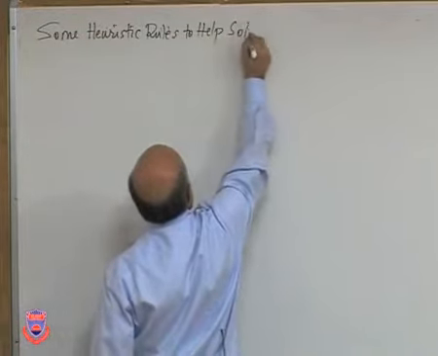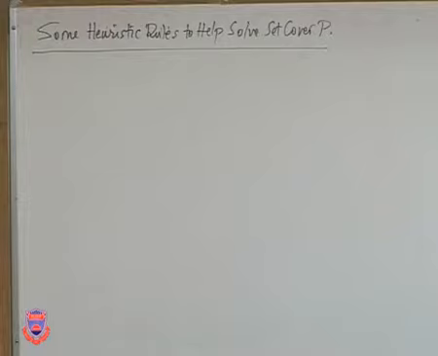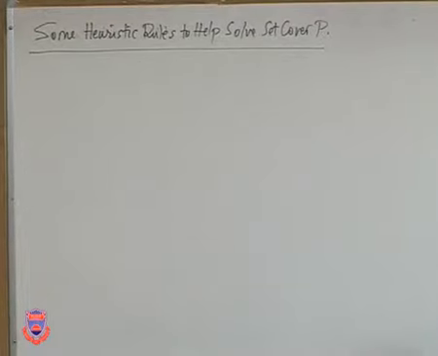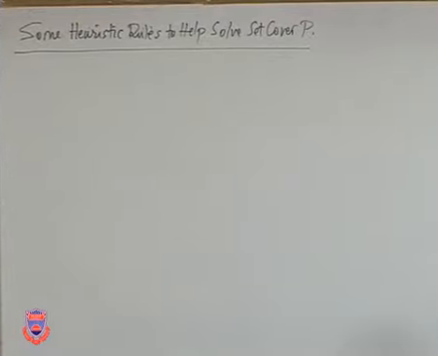There are certain heuristic rules that really help with set covering problem solution. Let me give them to you. One is called the row infeasibility rule.